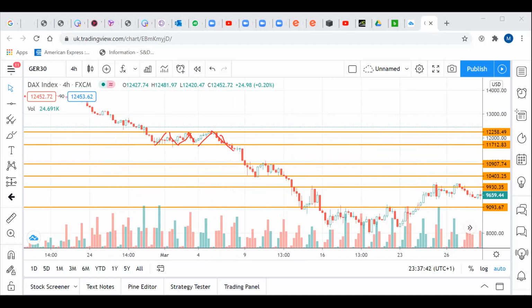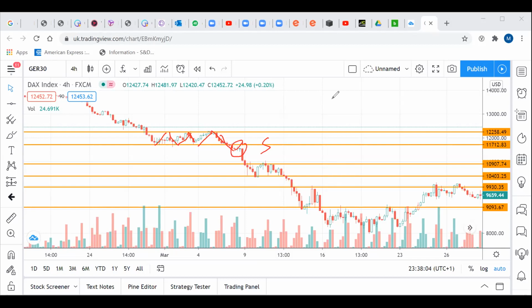Now, you've got some buy candles here, meaning that price actually tried to retest what used to be a support. It tried to retest, but did not break back into the support zone.